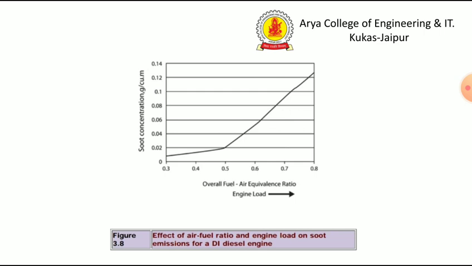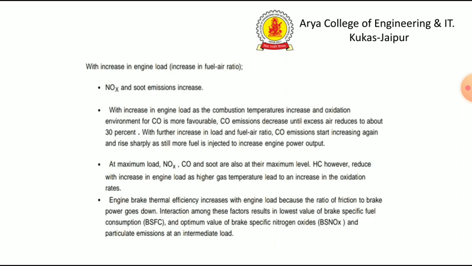As the engine load increases, the soot concentrations also increase sharply. With increase in engine load, the NOx and soot emissions increase. With increase in engine load, as the combustion temperature increases and the oxidation environment for CO is more favorable, CO emissions start increasing again and rise sharply as still more fuel is injected to increase engine power output. And at the maximum load, NOx, CO and soot are also at their maximum level.